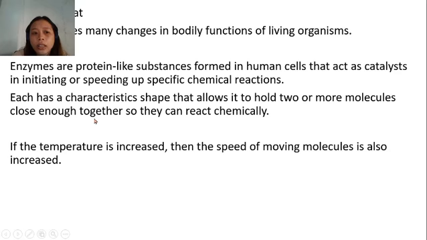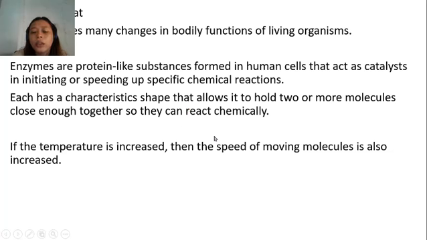Each has a characteristic shape that allows it to hold 2 or more molecules close enough together so they can react chemically. Our enzymes are paired with cofactors, and they have a specific shape for that specific cofactor.